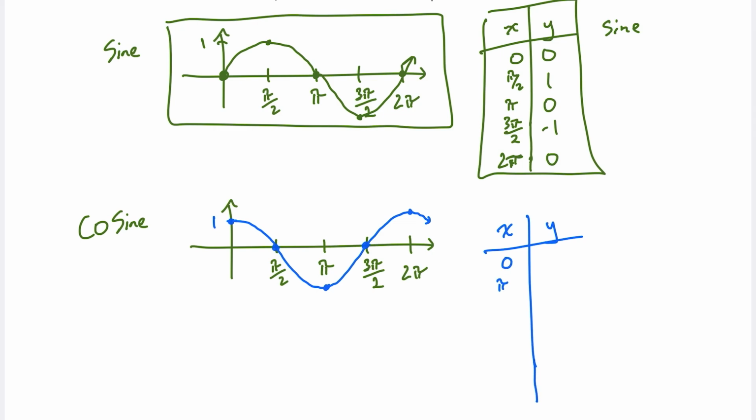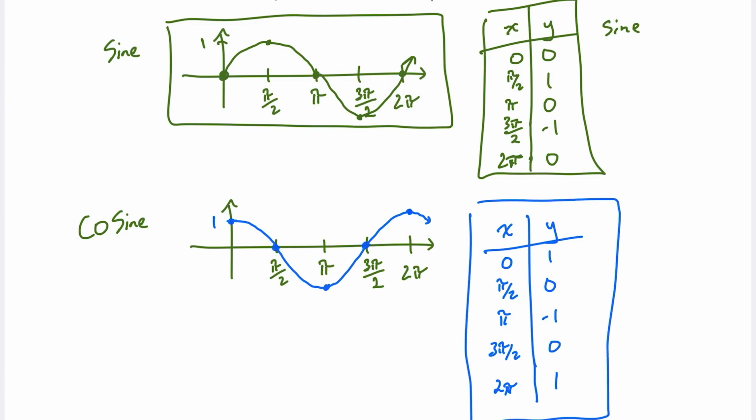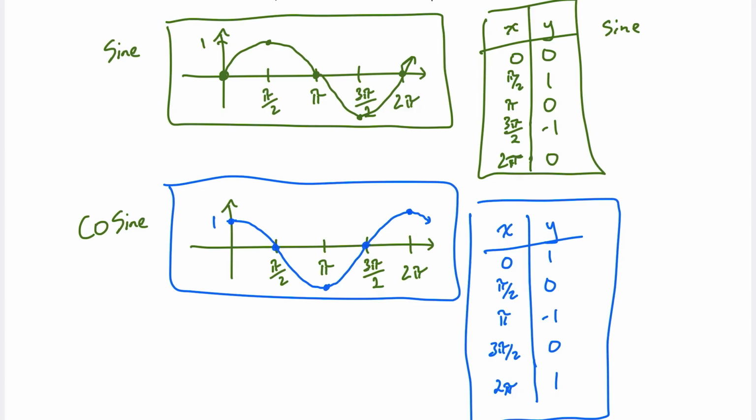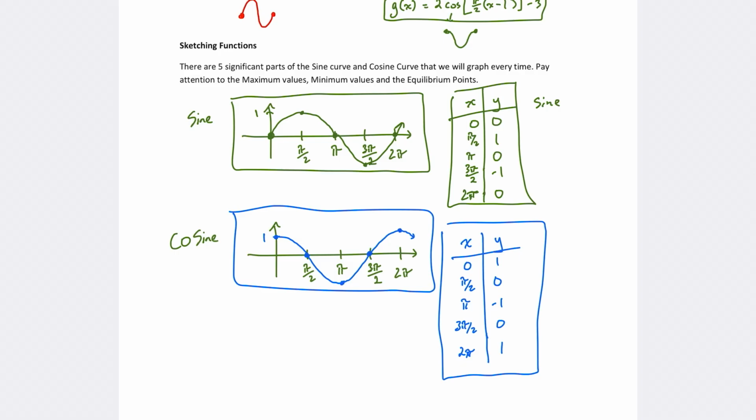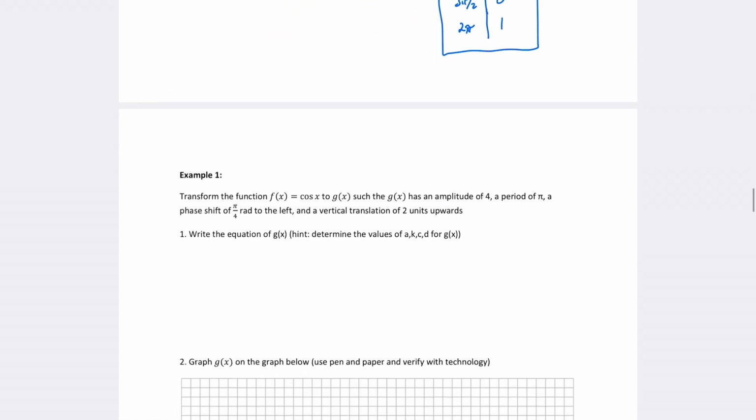So at 0, at pi over 2, at pi, at 3 pi over 2, and at 2 pi. And the values are 1, 0, -1, 0, and 1, as we can see on this graph. Okay, again, I encourage you to either memorize the look of cosine there or to memorize those 5 points so that you have a basis for how to make the rest of your graphs after this point.